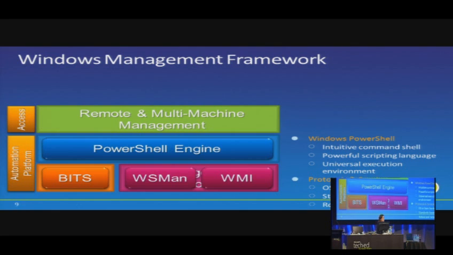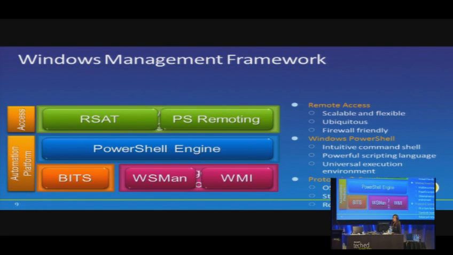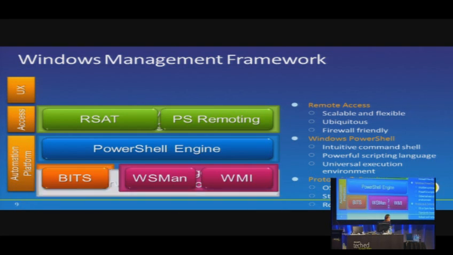Next is this access level that we saw in the previous slide, right? So I can remotely manage my machines, and not just one at a time, but multiple machines. That is basically the remote server administration tools. I don't know if you've seen them before, but I have a link to them at the end, so you can try them out. And PowerShell remoting. I'll show you a demo of PowerShell remoting also coming up. And finally, the user experience.